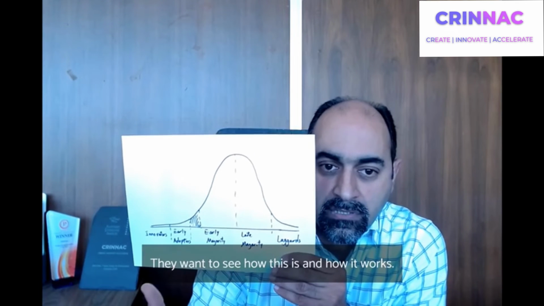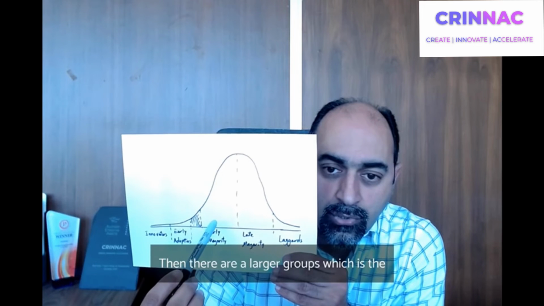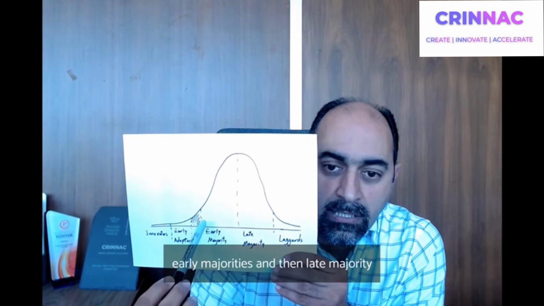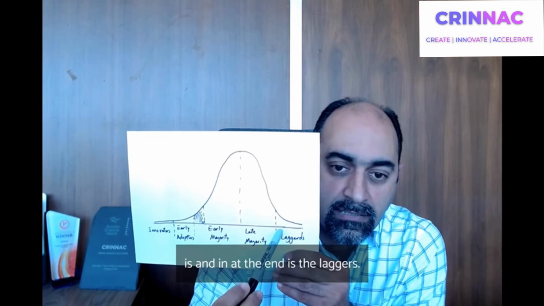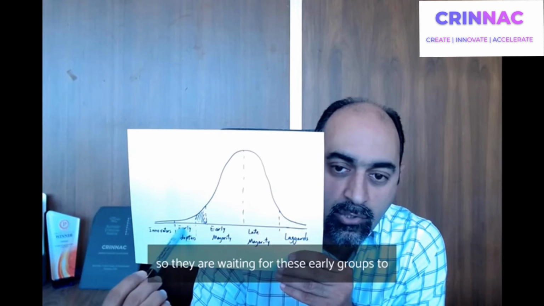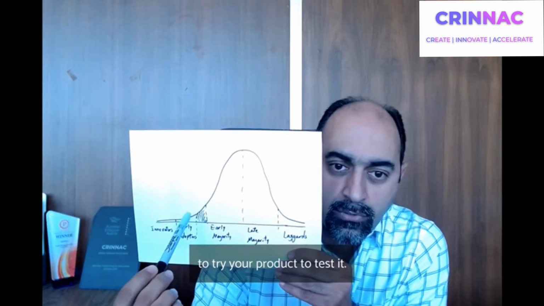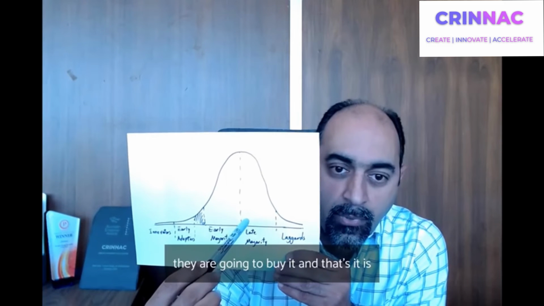They want to see how it is and how it works. Then there are larger groups, the early majority, then the late majority, and at the end the laggards. They are followers. They wait for these early groups to try your product and test it, and if they're happy, they are going to buy it.